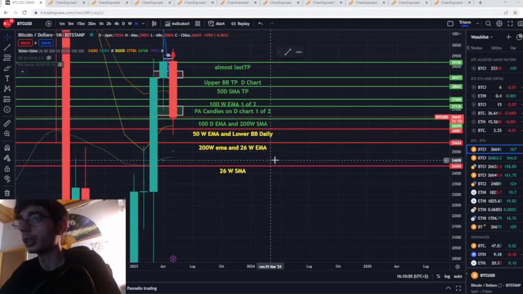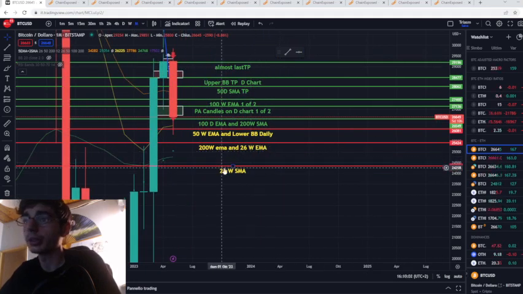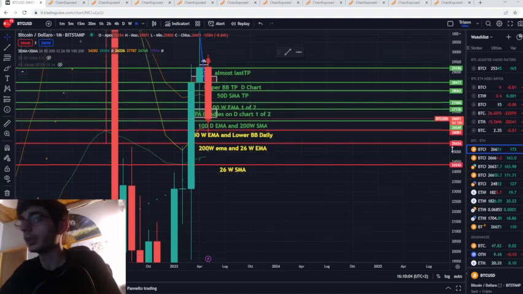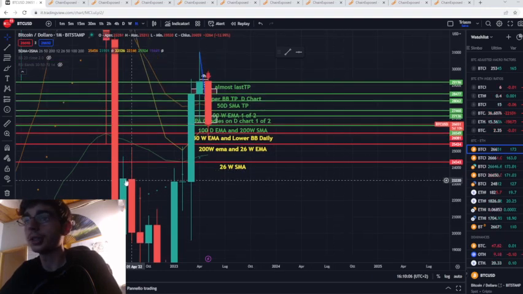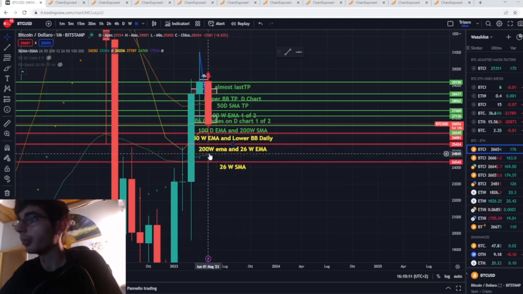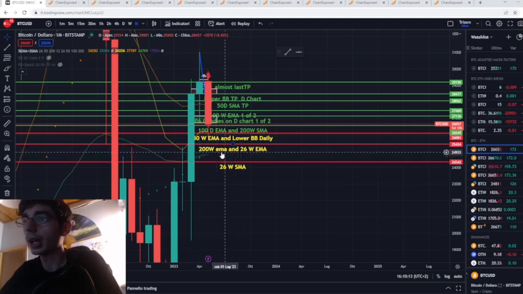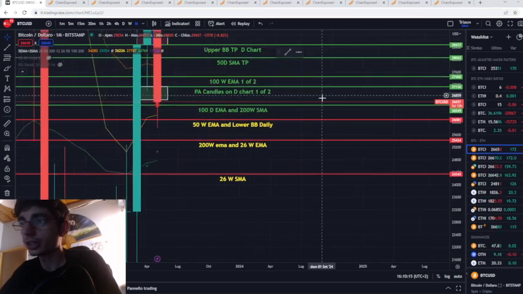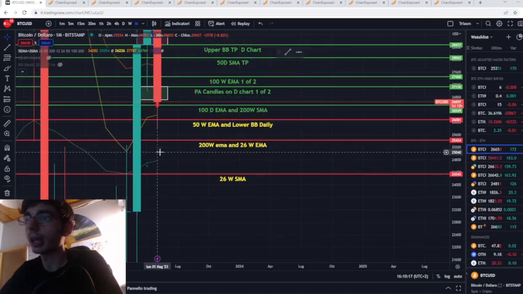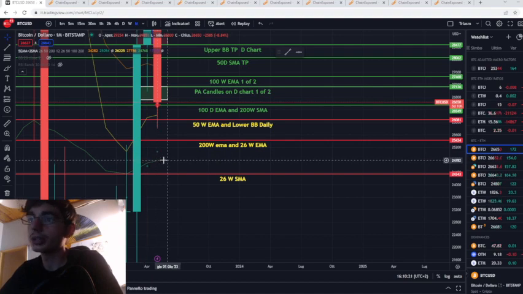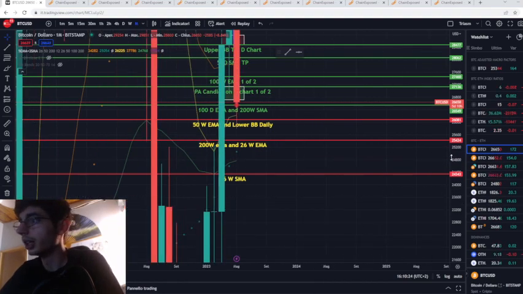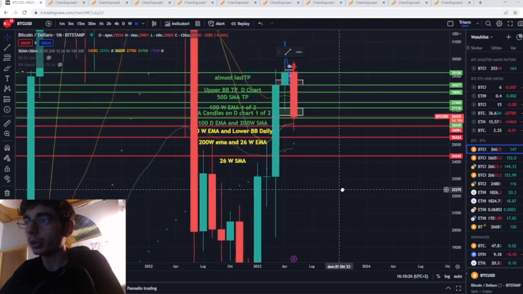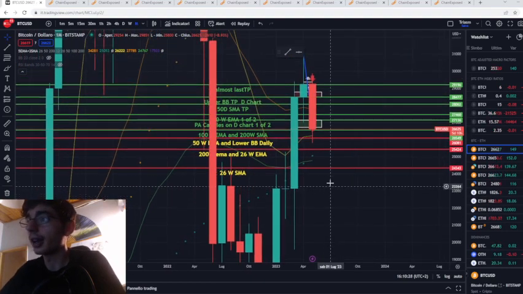On the monthly chart here you see 24k, but 23k is more or less here, so we have some MAs that could help the price at 24.8, 25. So it's still 25k. The 50 SMA in the monthly chart is 25k, and the EMA is 24.8, so we are still there. 25k is the level we don't want to lose.